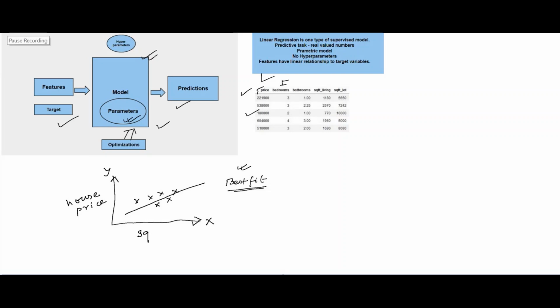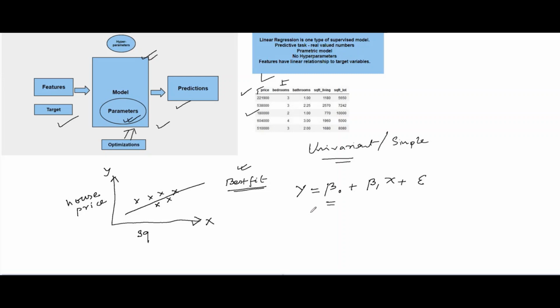For simplicity's sake, we will first discuss univariate linear regression, or you can say simple linear regression. What does it mean? Univariate means you have only one variable. So how does the function look? It will look something like this: y equals beta 0 plus beta 1 x plus epsilon.